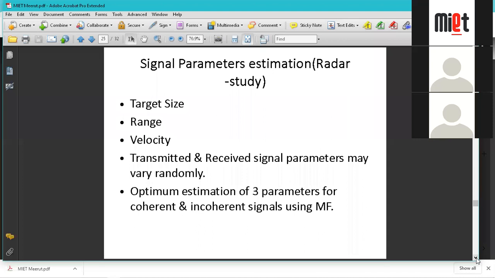Now in a radar study, what are the basic quantities which are random, and for which we need to do proper estimation?